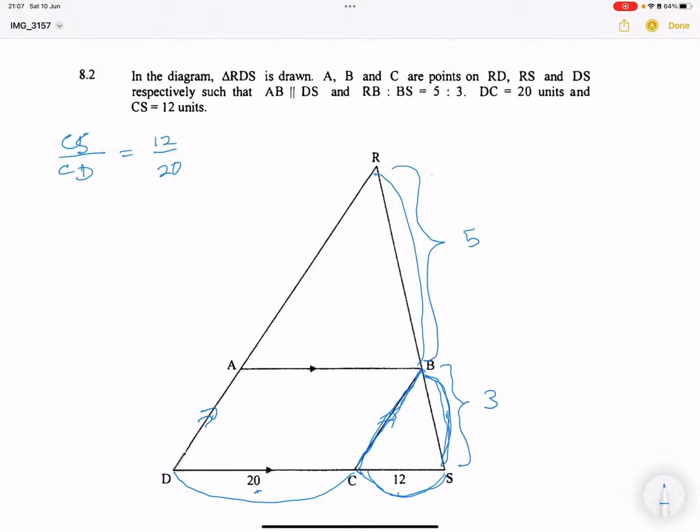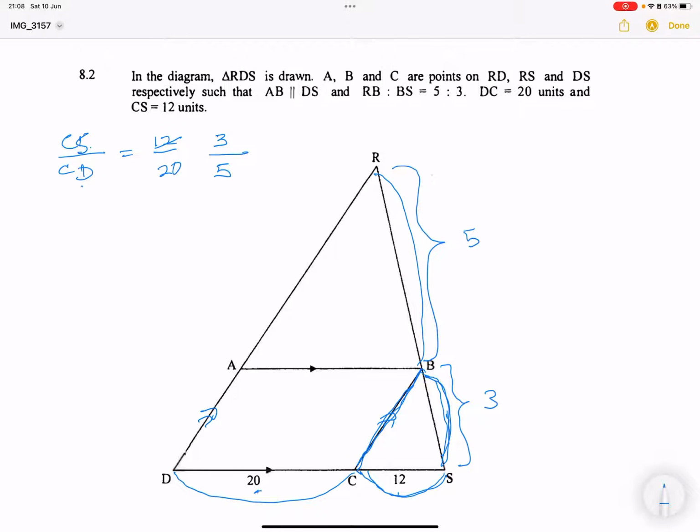Let's make that into the lowest ratio possible. Both of them are multiples of 4. 4 goes into 12 three times, and it goes into 20 five times. So CS over CD would be equal to 3 over 5.